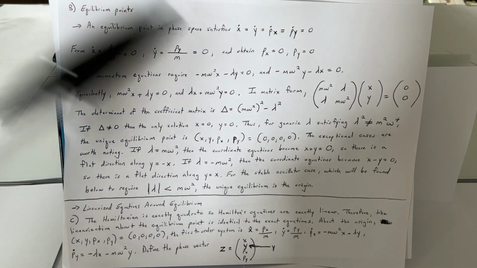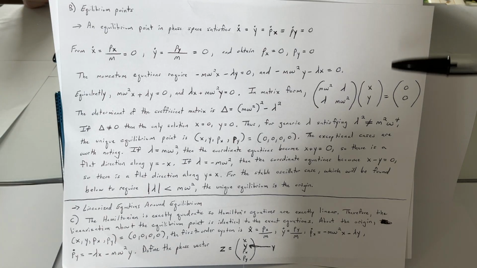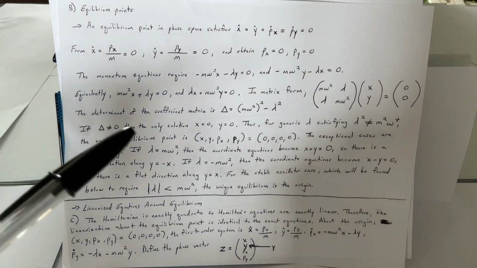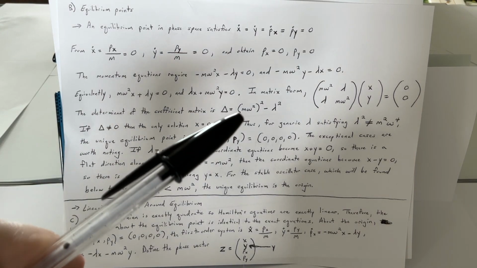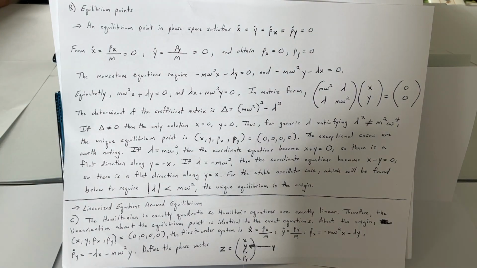If we put this in matrix form, for our first row we have m omega squared, lambda, second row lambda, m omega squared, and then we have this column x, y that equals the 0, 0 column. The determinant of the coefficient matrix is delta equals the quantity m omega squared squared minus lambda squared.